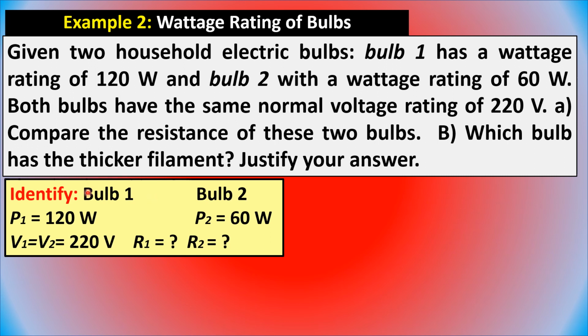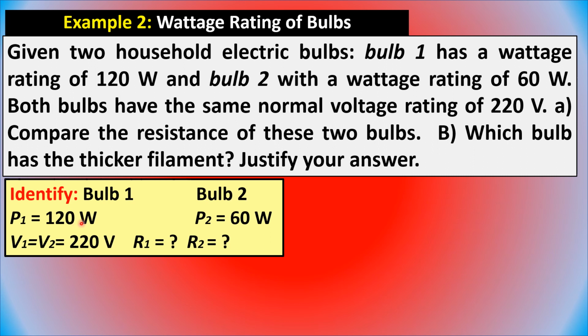Since the two bulbs are connected to the same power source with a voltage of 220 volts, V1 is equal to V2, 220 volts. We need to find the amount of resistance for each bulb, R1 and R2.